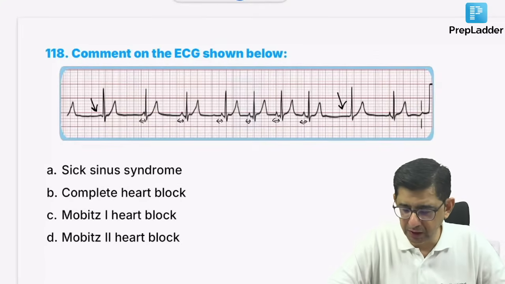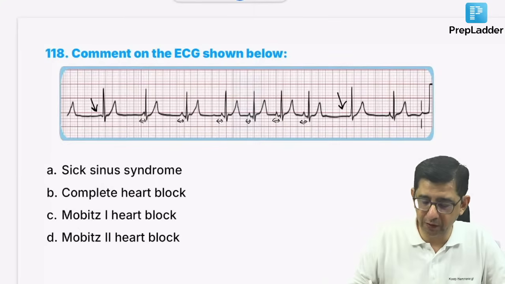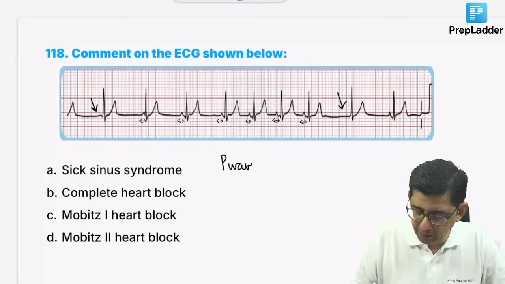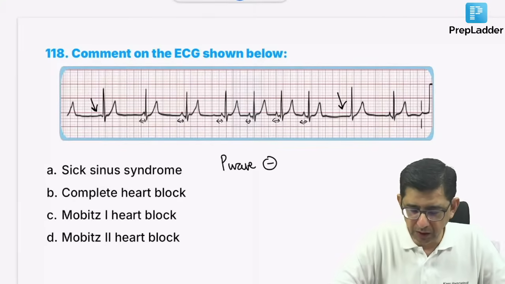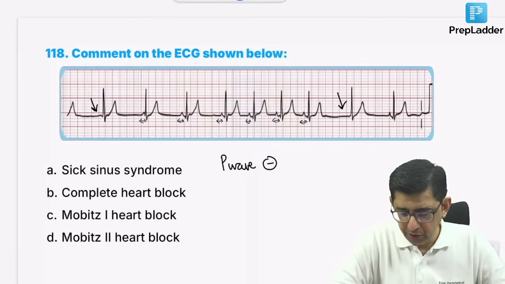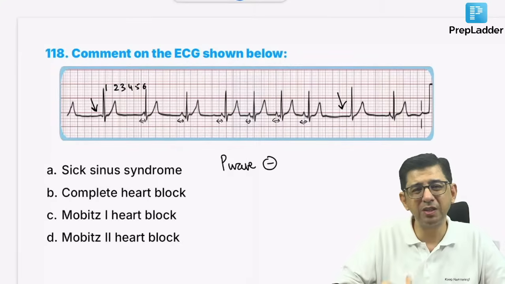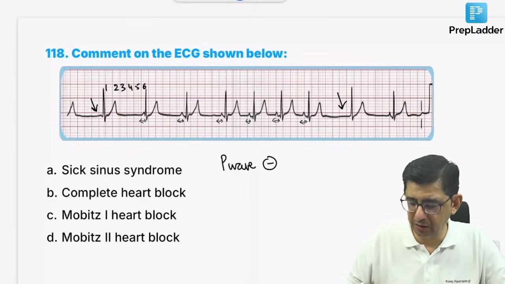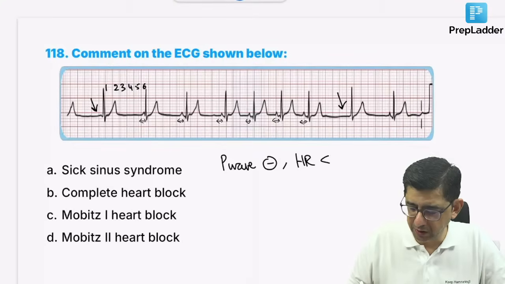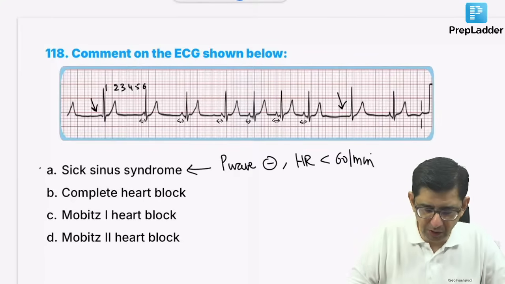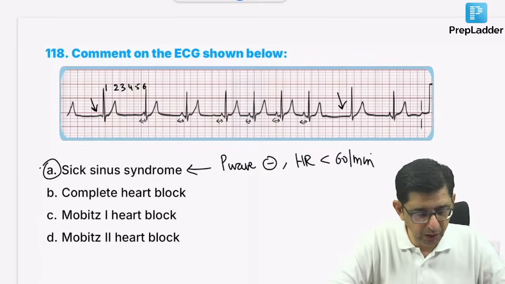Because the P wave is absent in this case, and we are also having bradycardia. If I put the boxes here, it would be 1, 2, 3, 4, 5, and going up to 6 for calculation purposes. So I can say that there is a heart rate which is usually hitting 60 or a little less than 60 per minute. So the answer in this case would be sick sinus syndrome.